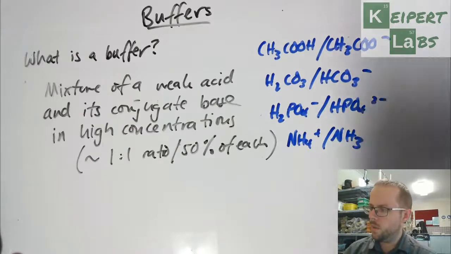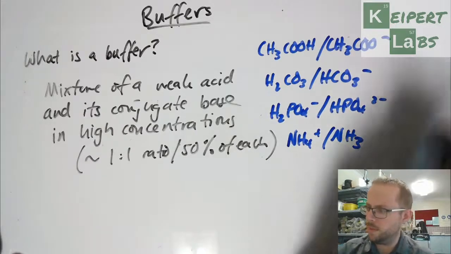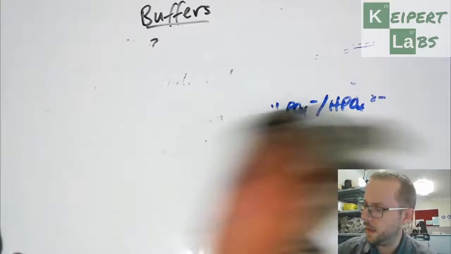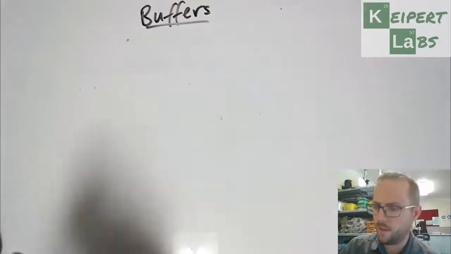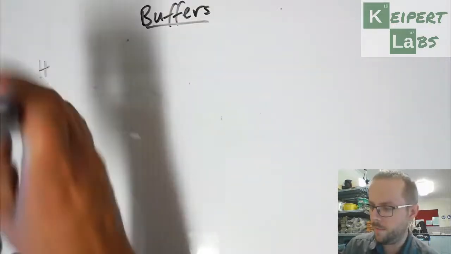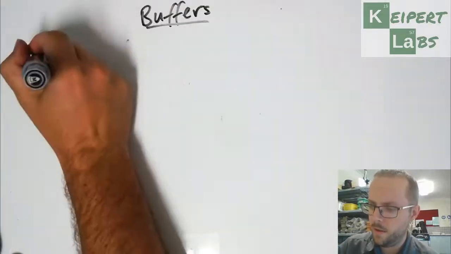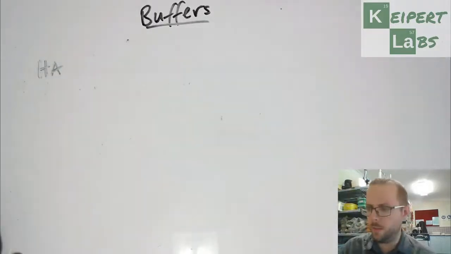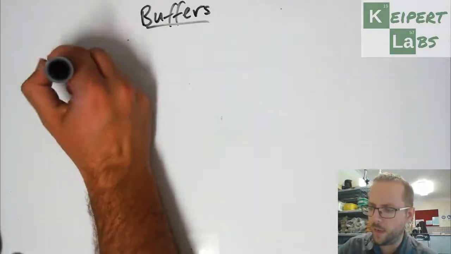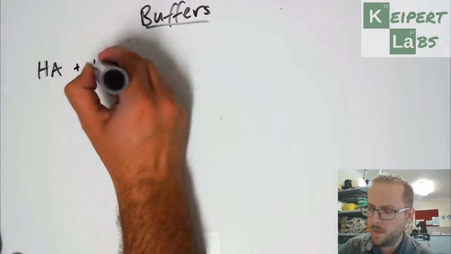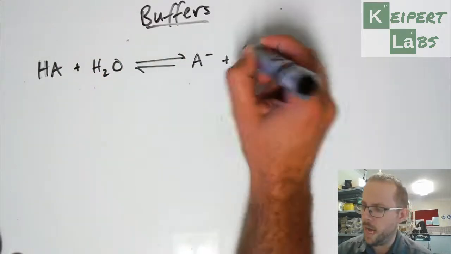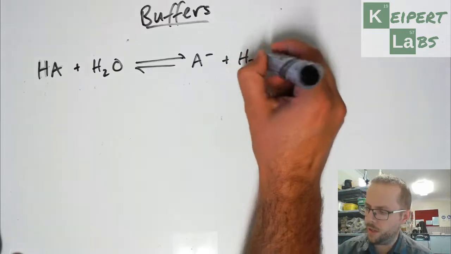With this in mind and seeing some common examples there, I'm going to use these colour buttons and walk you through a more generic example of how this works. So let's think more generally that we've got a buffer that's made of this generic weak acid HA, but then when we put it in water, we get formation of A- and hydronium.